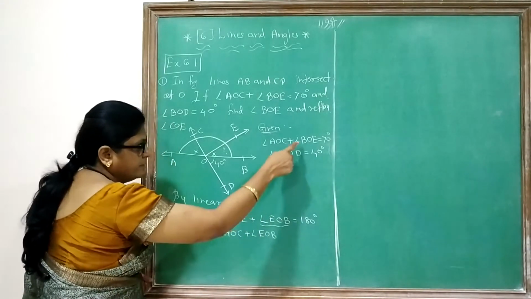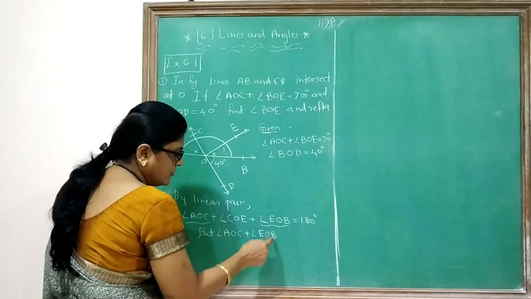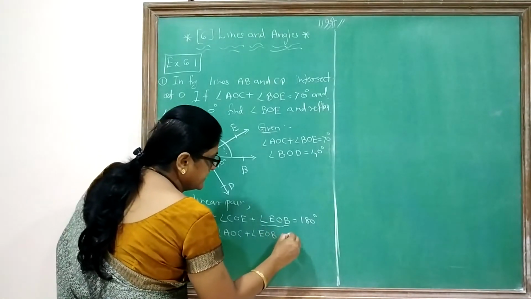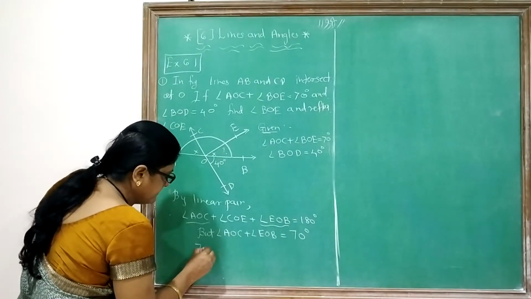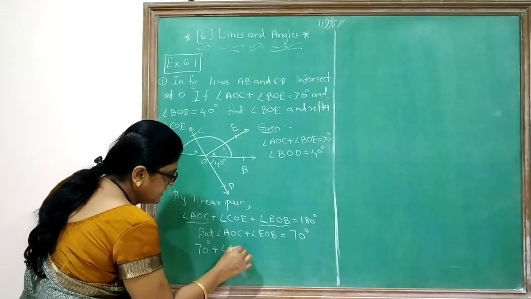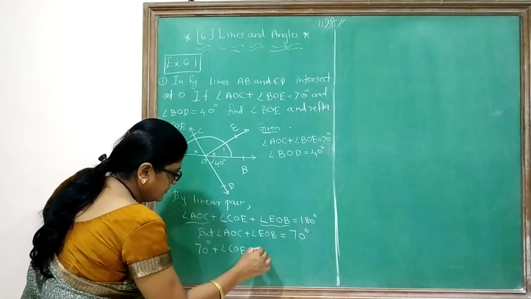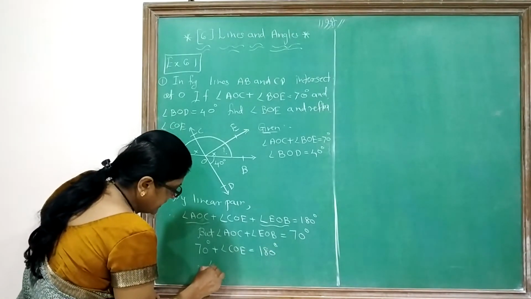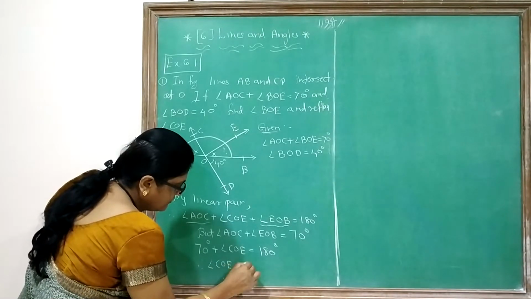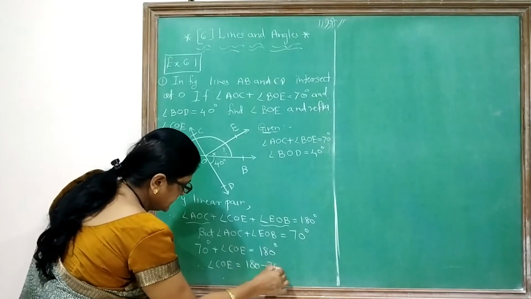EOB and BOE are the same. So 70 degrees plus angle COE equals 180 degrees, and therefore angle COE equals 180 minus 70.